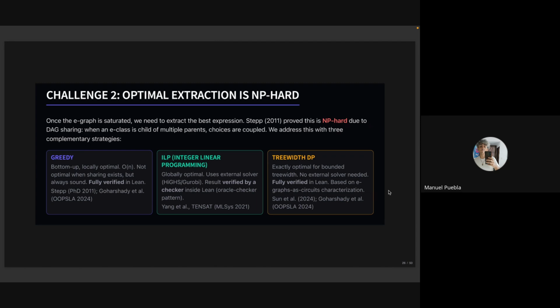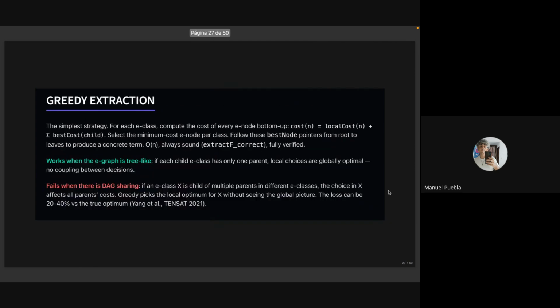And then we have a dynamic programming approach that uses a characterization of e-graphs that is very, very interesting because we're going to be able to rephrase or reconstruct e-graphs as trees.